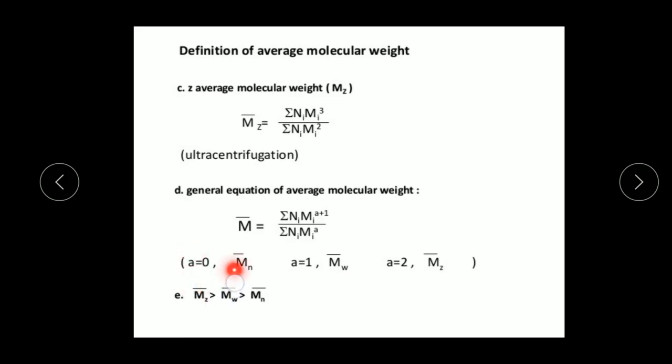This parameter is an empirical constant that depends upon the hydrodynamic value. It should be noted that Mv and Mw are the same when a has a value of 1. Hope you understand.